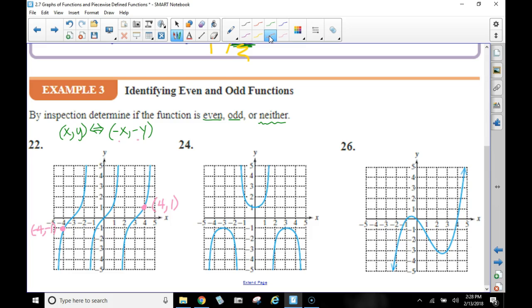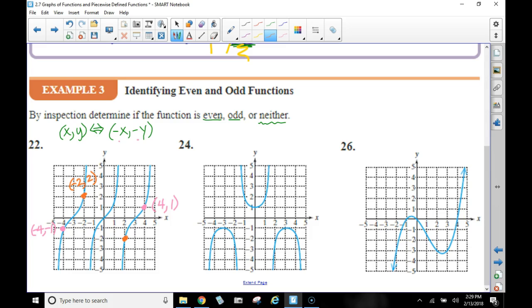Here's another example of why this is symmetric about the origin. Let's pretend this point is at negative 2, 2. We change both of those signs, and the point positive 2, negative 2 should also be on our graph.